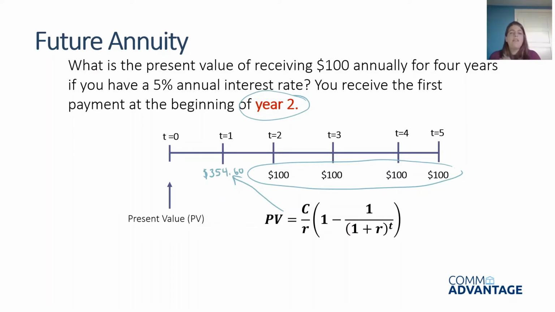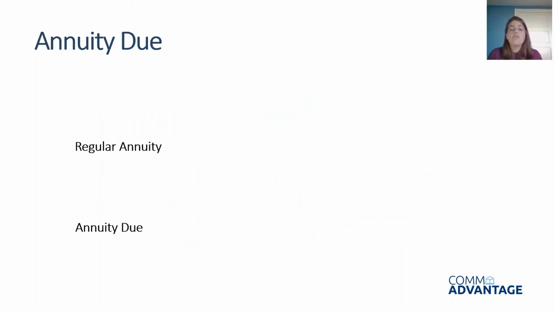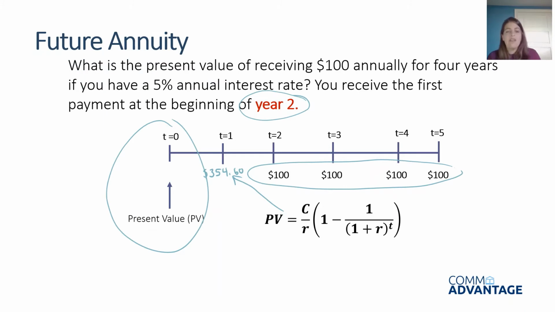But that's not really what we're looking for in this problem. We want to figure out the actual present value, and present value is what's occurring at T0. So in order to do this, we're going to discount back that $354 using our basic time value of money situation.